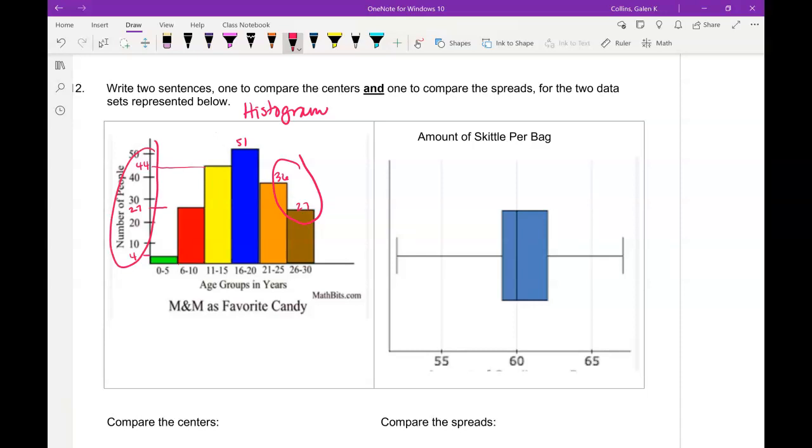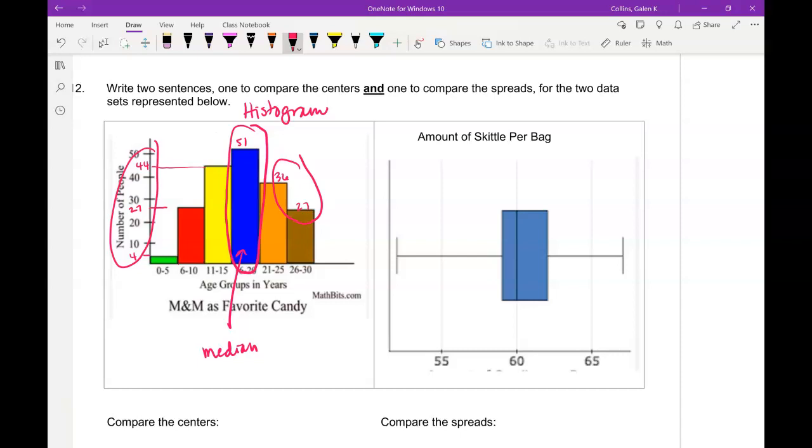All that to say, this bin is definitely where the middle of our data lies, because we have about 51 people in that bin, and roughly 60 something on either side. That's just a rough estimate. So we could tell that our median is going to be in this bin.